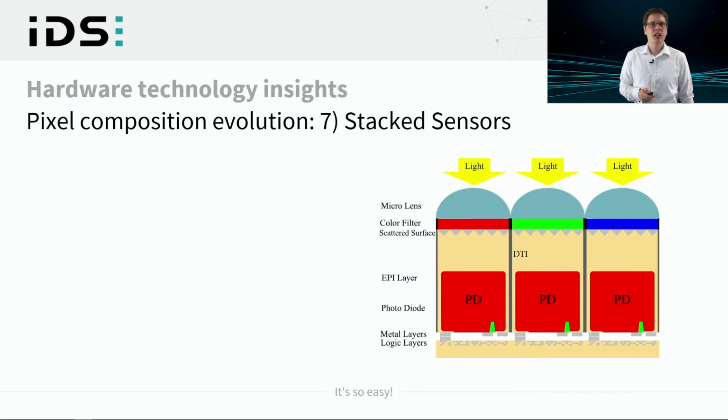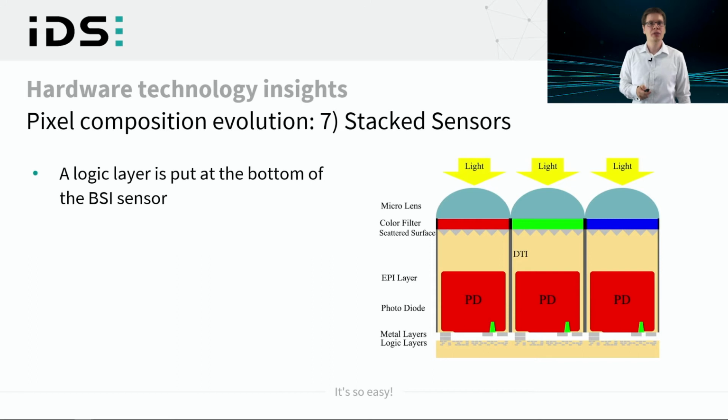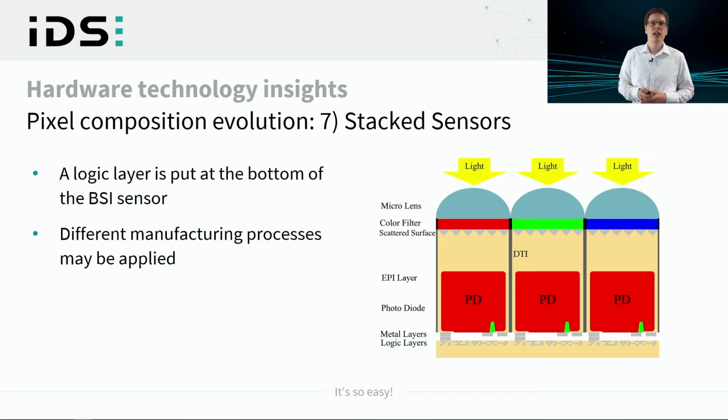Stacking wafers on top of each other. With stacking, a logic layer from a different wafer is put at the metal layer side of the BSI sensor. For the stacked chip, a different manufacturing process with a potentially smaller node size can be applied. Thus, more transistors and logic per area.